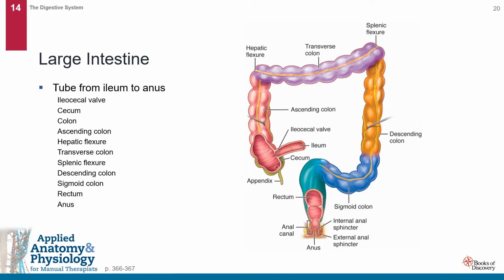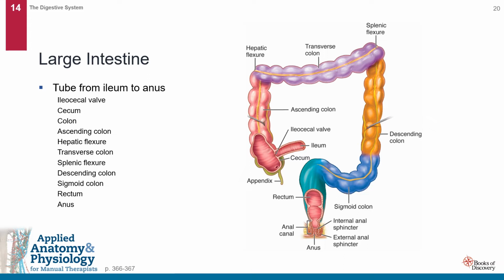The intersection points between the three regions are named according to the closest organ. So the hepatic flexure is the bend between the ascending and transverse colons, while the bend between the transverse and descending segments is called the splenic flexure.